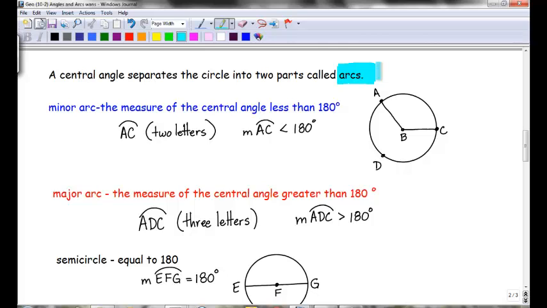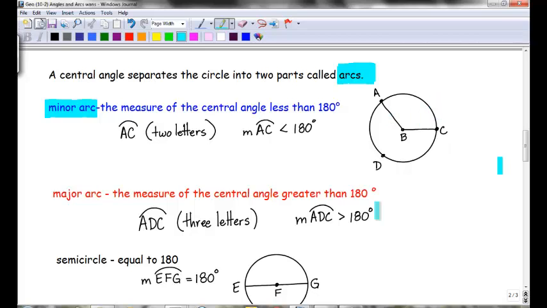Now the two arcs have special names. Okay, one is called the minor arc. The minor arc is the measure of the central angle that's less than 180. If it's a diameter, it's 180, so this one is less than that.